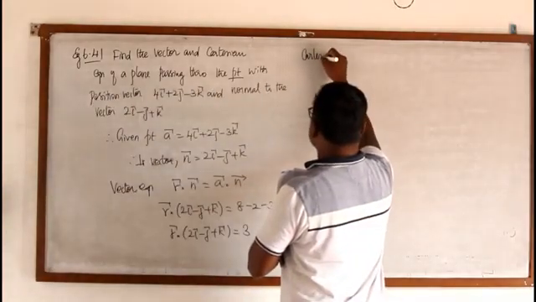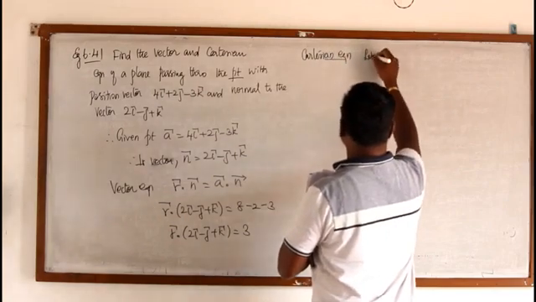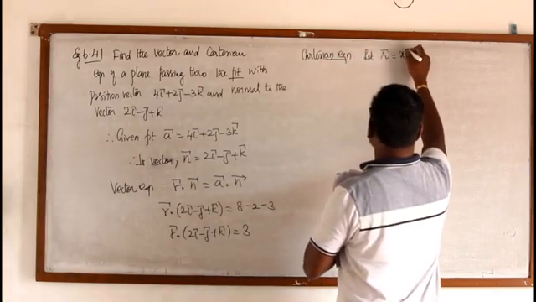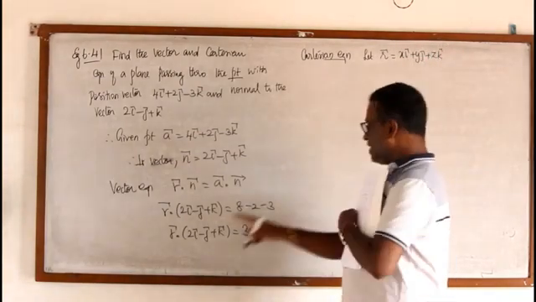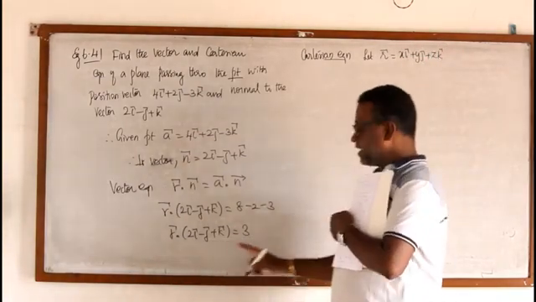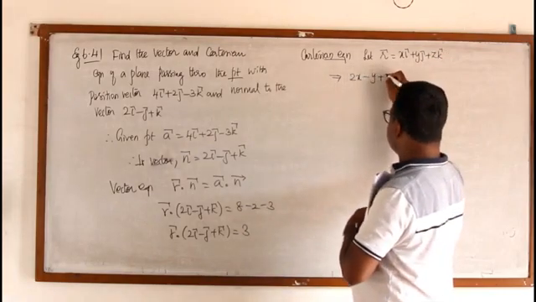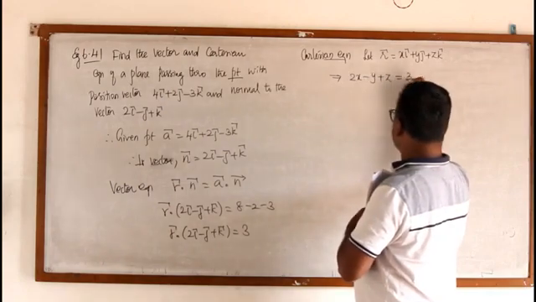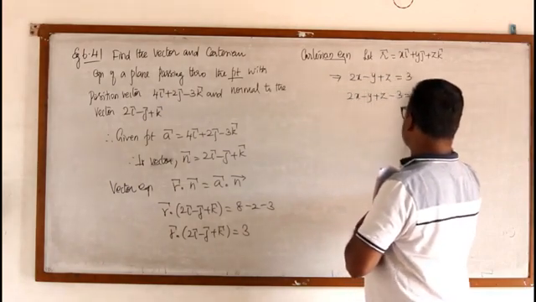The Cartesian equation is, shall we write straightly? Let r vector equal to xi plus yj plus zk. When I substitute here and find the dot product, that will become straightly 2x minus y plus z equal to 3, that is 2x minus y plus z minus 3 equal to 0.